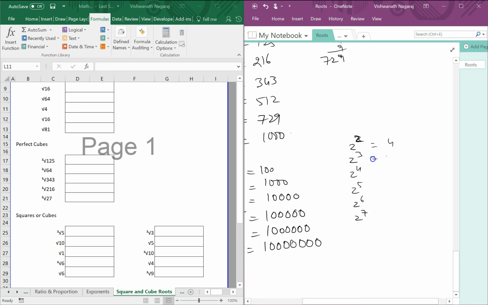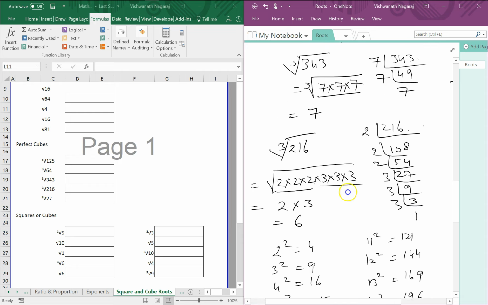This is 4, this is 8, this is 16, 32, 64, this is 128, 256, 512 and 2 to the power of 10 is 1024. Right?